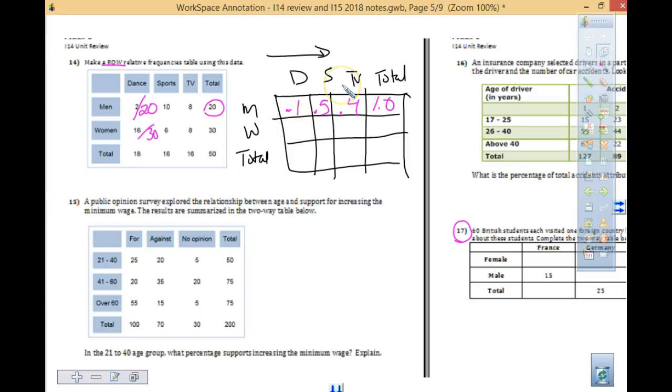So we are taking a look at the women. As we do our division, what are we looking at, Olivia? What'd you get? We'll come back to you, Treasure. 16 divided by 30.